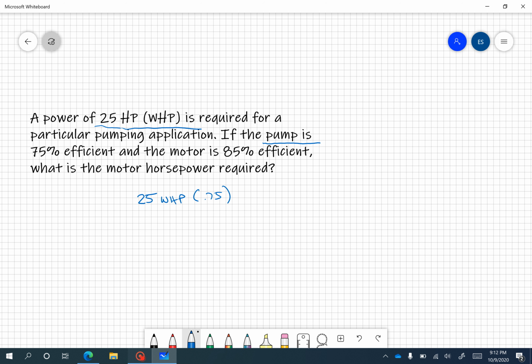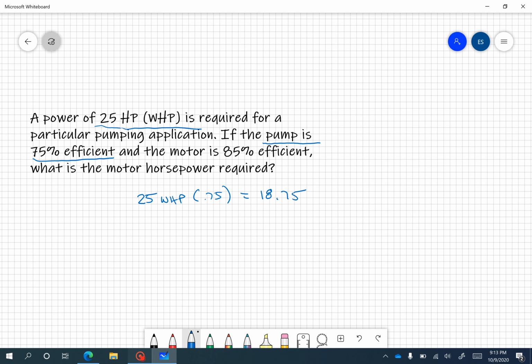It's telling you the pump is 75% efficient. So what happens if I multiply 25 times 75%? 25 times 0.75 equals 18.75.